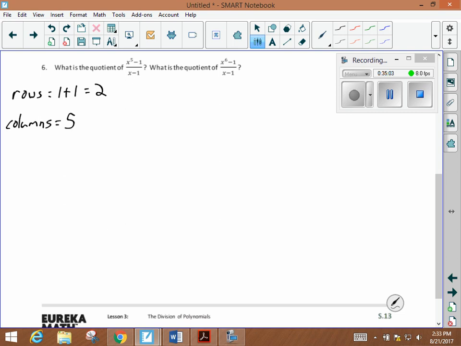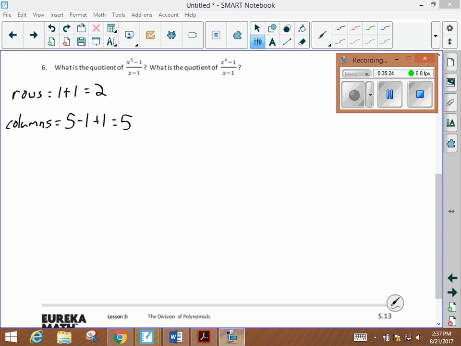The degree of our numerator, minus 1, the degree of our denominator, plus 1, so that's going to be 5. So let's go ahead and put a 5 by 2 table. All right, so we have a 5 by 2 table.